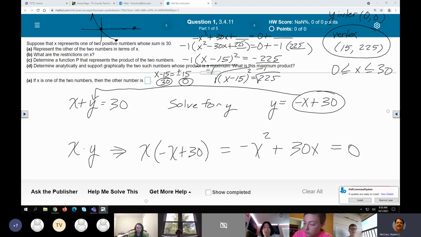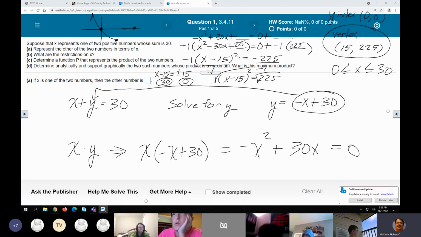Oops, it goes downward, doesn't it? I thought it went down. We got something wrong somewhere because it goes down. Yeah, it goes down. So I'm supposed to have a negative somehow. This is a screwed up problem.